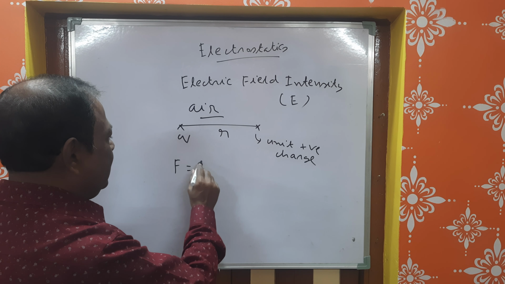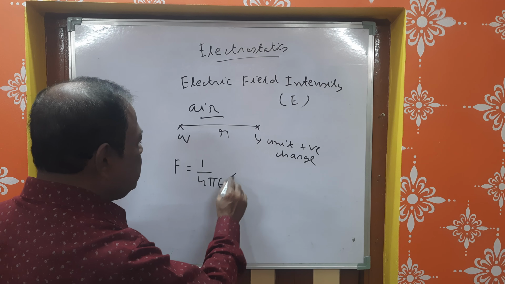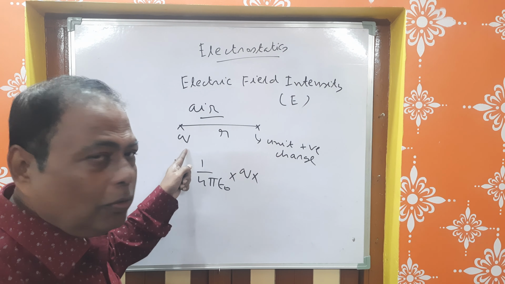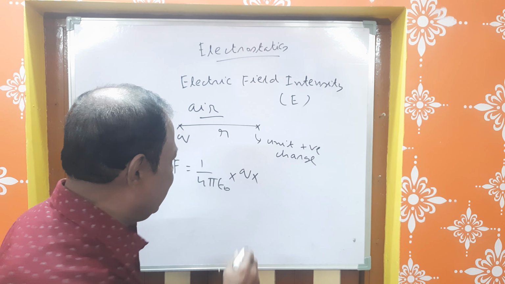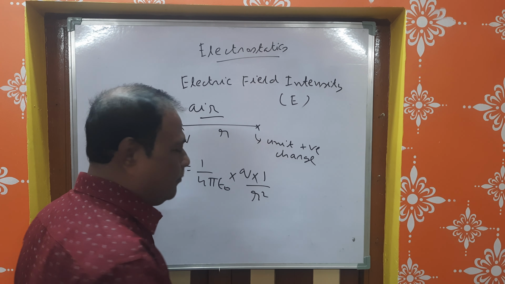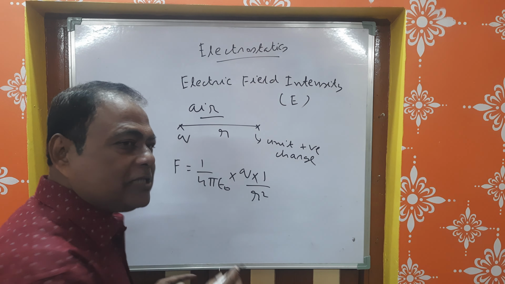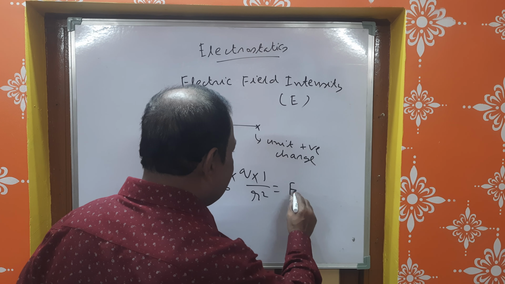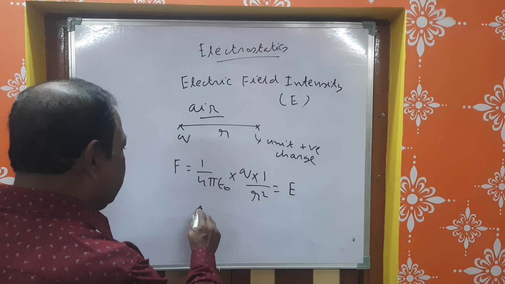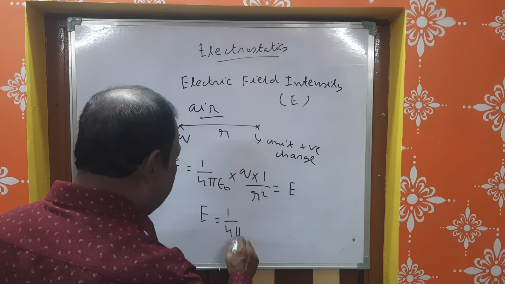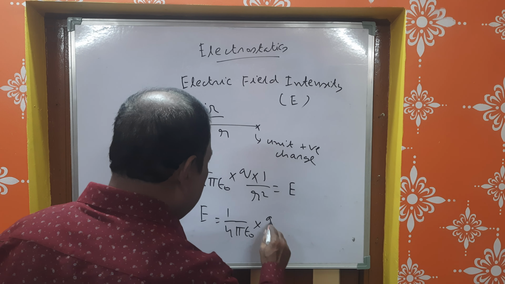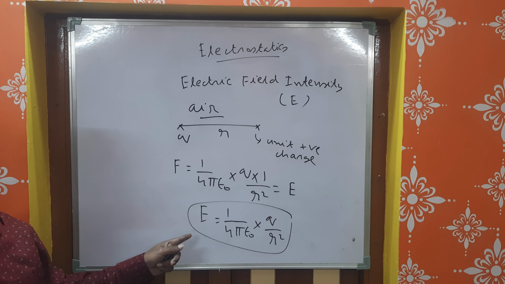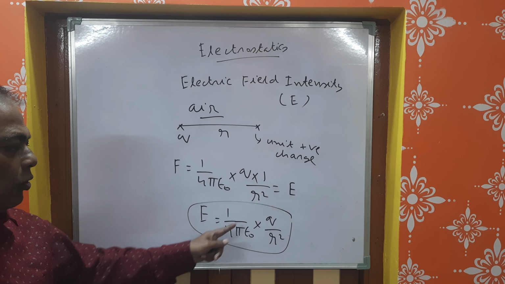The force is equal to 1 by 4 pi epsilon 0 into Q1 Q2 by R square, where Q1 is Q and Q2 is 1. So this force is nothing but the electric field intensity, denoted by the symbol E. So the formula of E is equal to 1 by 4 pi epsilon naught into Q by R square. That is the formula of the electric field intensity.